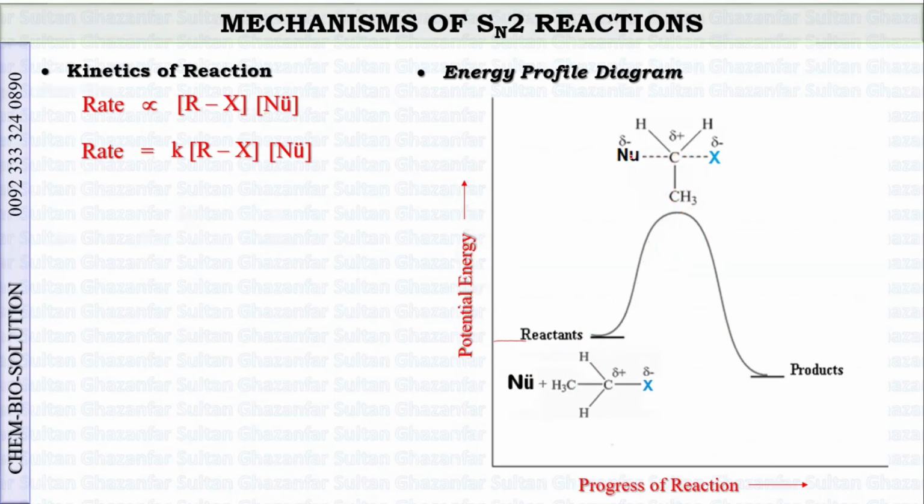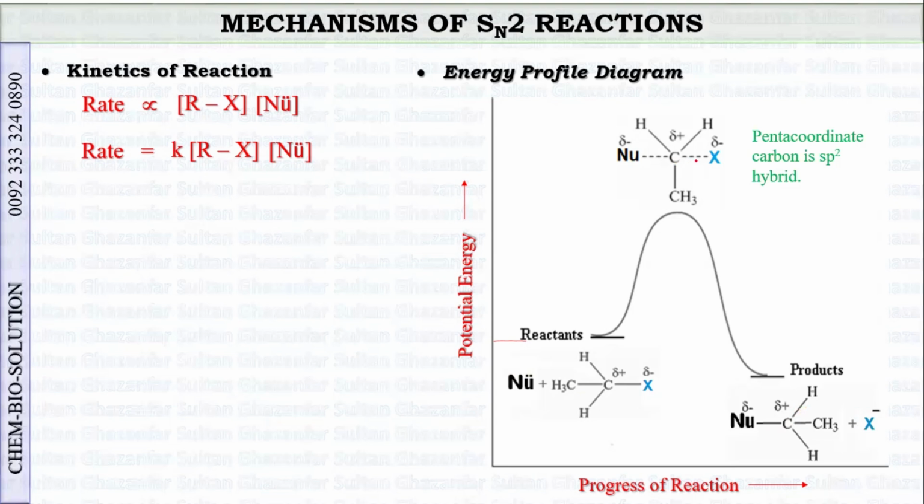And ultimately, as it is a strong nucleophile, the halide has to leave. So the halide left the molecule and a new bond is formed between the nucleophile and the carbon. And again, I will tell you that the pentacoordinate carbon is sp2 hybrid.